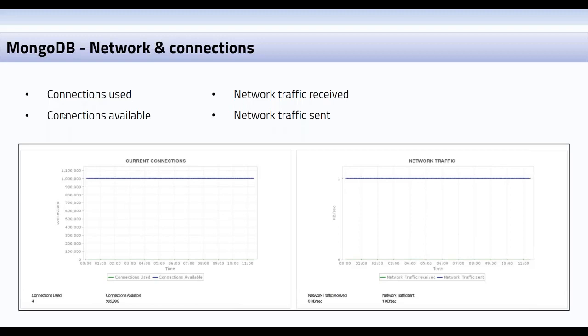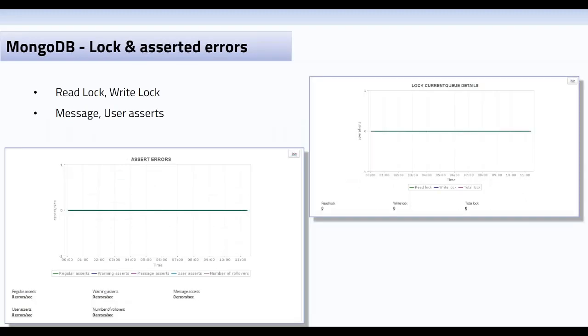Connections help us understand how many more connections the MongoDB instance can allow and how many are being used currently. Lock and assertion errors in MongoDB are other important metrics.